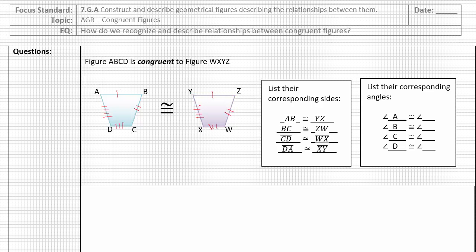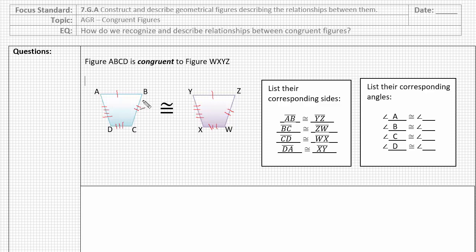How'd you do? Here I've listed out the corresponding side lengths from figure WXYZ, and I've also marked it with the tick marks. So side AB is corresponding and congruent to side YZ, they're the matching side.